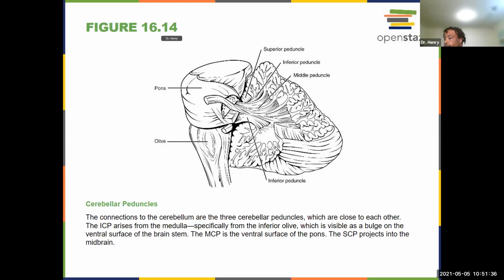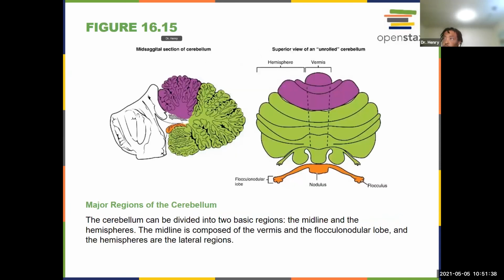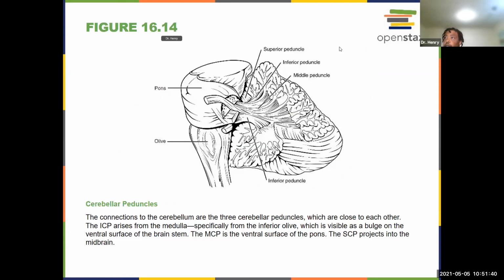Your superior is going to be connecting your cerebellum to your midbrain and your forebrain.